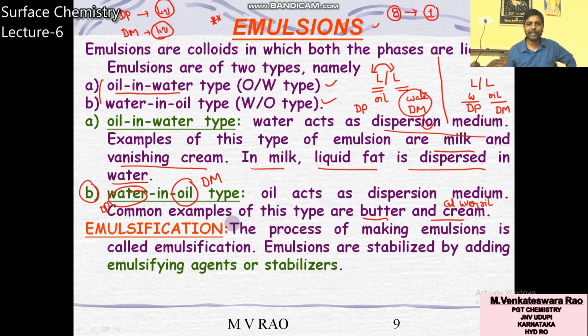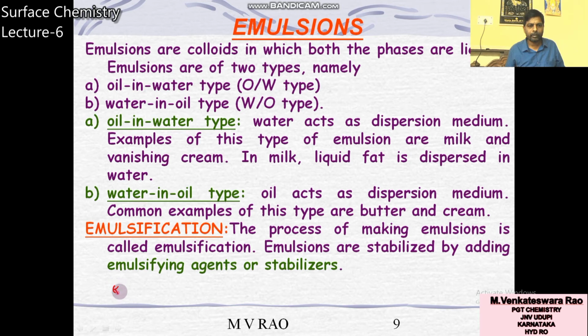What is emulsification? The process of making an emulsion is called emulsification. Emulsions are stabilized by adding an emulsifying agent or stabilizer. Take water and kerosene: oil is insoluble in water, so if you take them in one container, two layers will form because of the difference in density.